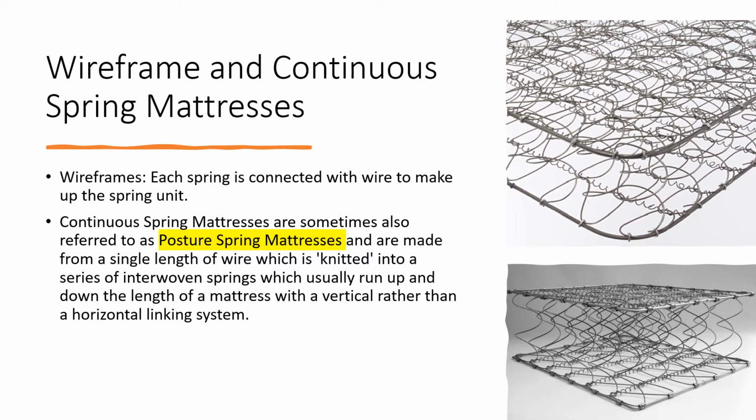These mattresses are also called posture spring mattresses, and these are made with a single length of wire which is knitted into a series of interwoven springs which usually run up and down and create a vertical mesh rather than horizontal mesh. Continuous spring mattresses are ideal for a double bed because they compress to the shape of the body, and that's why they are also called posture spring mattresses.